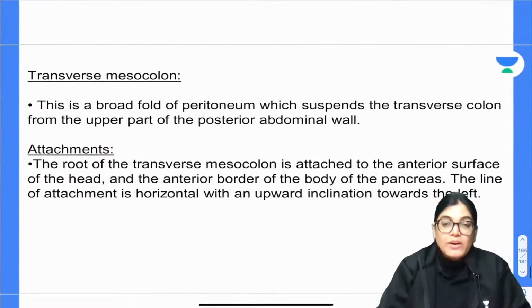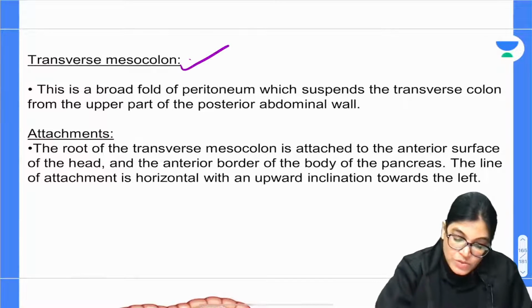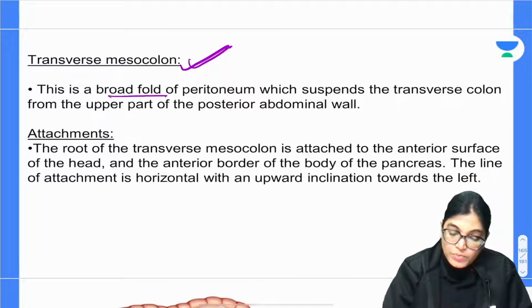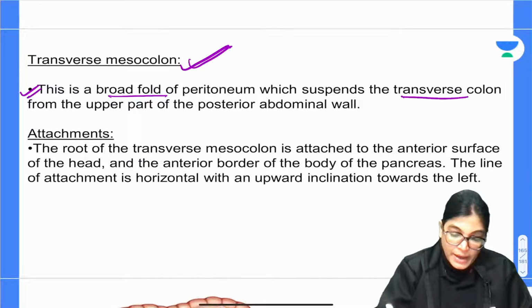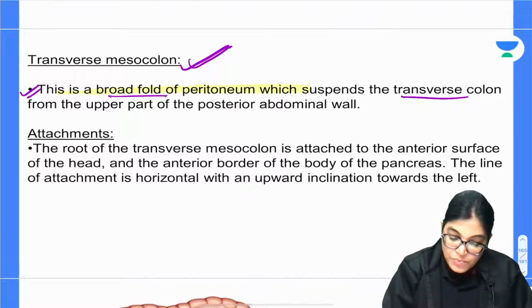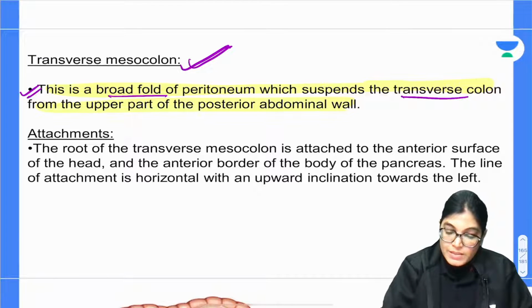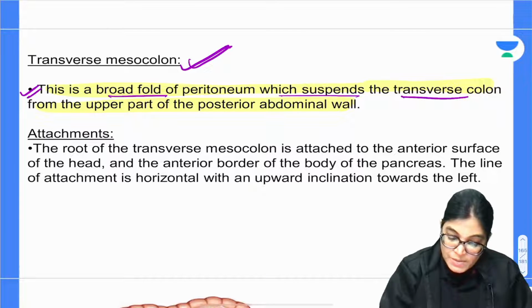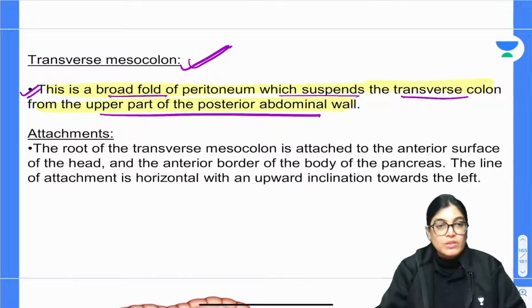See here, I also want to describe the transverse mesocolon in brief. The transverse mesocolon is a broad fold of peritoneum which suspends the transverse colon from the upper part of the posterior abdominal wall. It is the peritoneal fold that provides the peritoneal covering for the transverse colon.